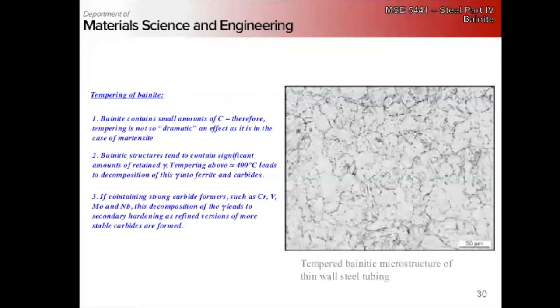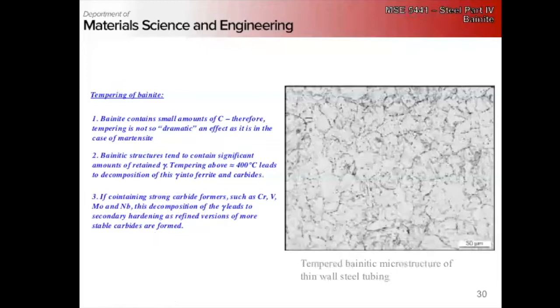If we have strong alloying elements that are strong carbide formers, such as chromium, vanadium, molybdenum, and niobium, right? By tempering, we form more stable carbides than cementite, right?